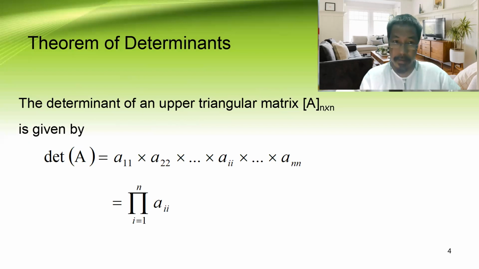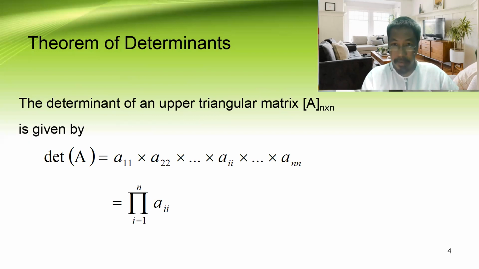Other than these elements, the terms will become zero because there are zeros all around the lower triangular part. Because we are talking here of an upper triangular matrix, the upper triangular elements are not zero, but the lower triangular elements are all zeros.